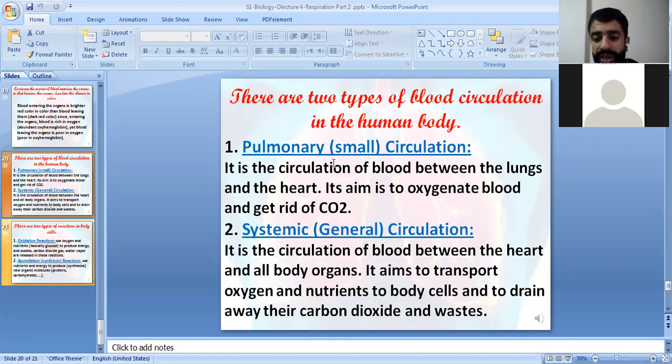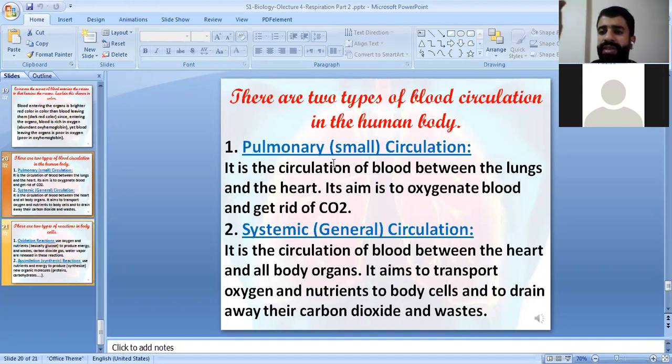The systemic circulation aims to transport oxygen and nutrients to the body cells and to drain away carbon dioxide and waste, while the aim of the pulmonary circulation is to oxygenate the blood and to get rid of carbon dioxide. This is the difference between pulmonary and systemic circulation. I repeat, pulmonary is small, between the heart and the lungs.